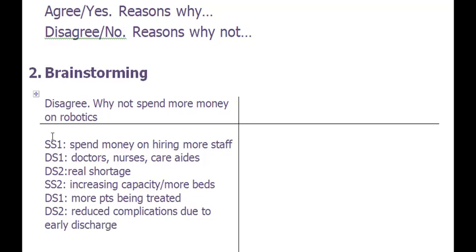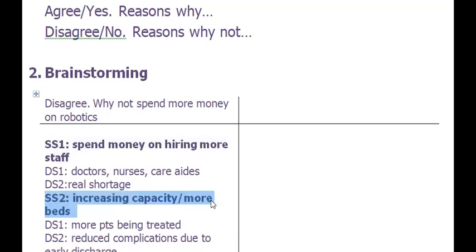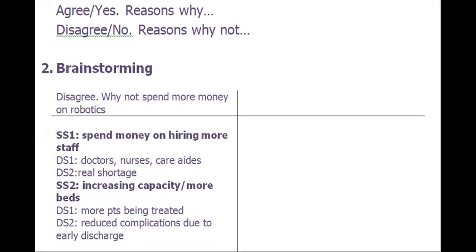Okay, so these are our main points. And the sentences that follow basically give more information on the main points. So what do you mean by hiring more people? What do you mean by increased capacity? Okay, so now we have the outline for the first paragraph.